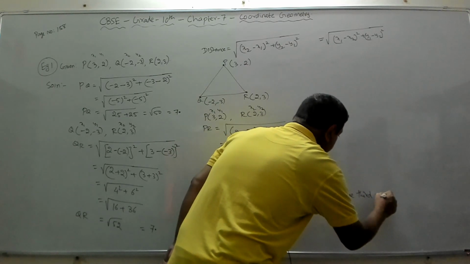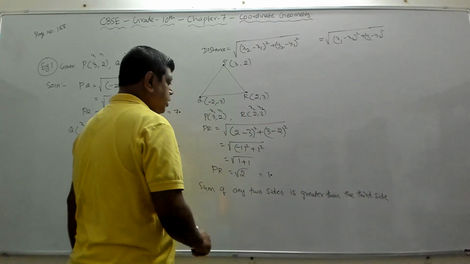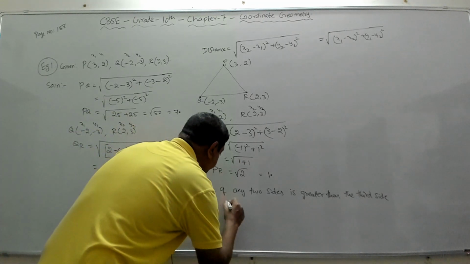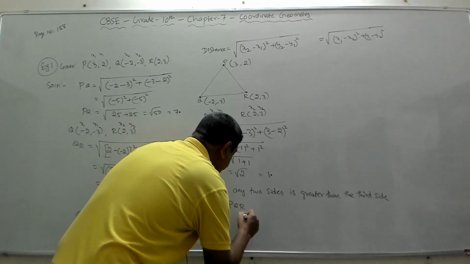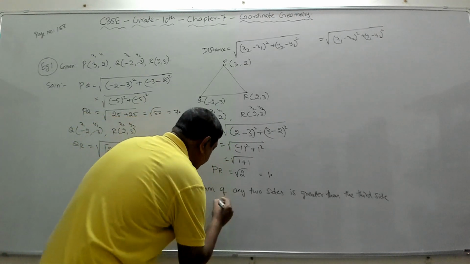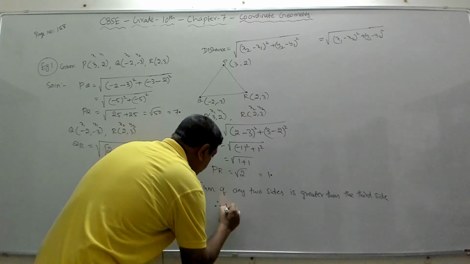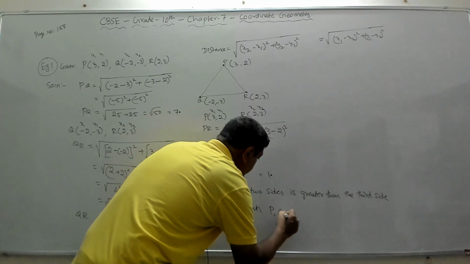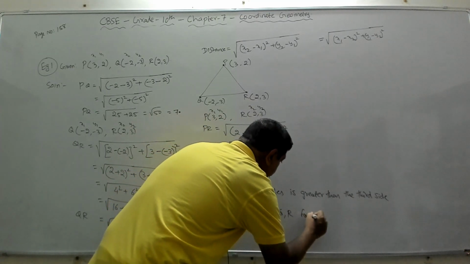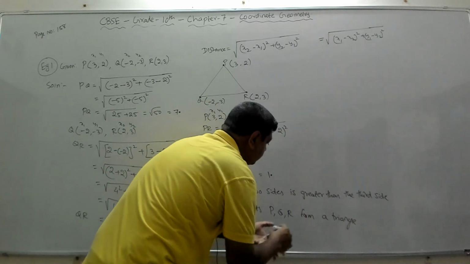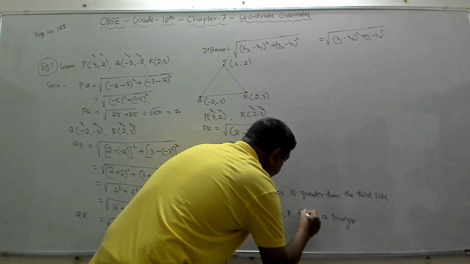Therefore, the points P, Q and R form a triangle.